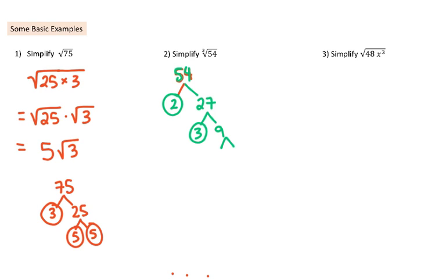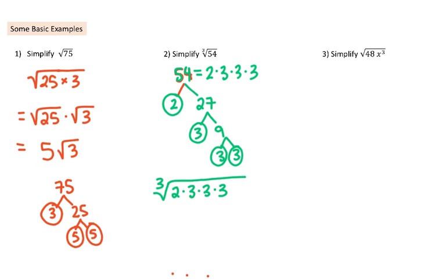And 9 can break down even farther. 9 is 3 times 3. Now I've pulled the number 54 apart to be a product of prime factors. So instead of writing the cube root of 54, I'm going to write the cube root of 2 times 3 times 3 times 3.